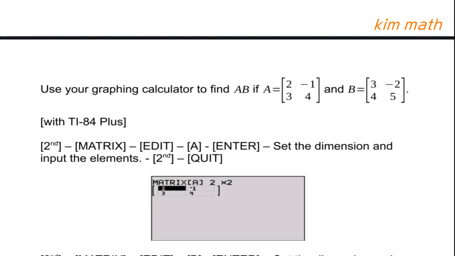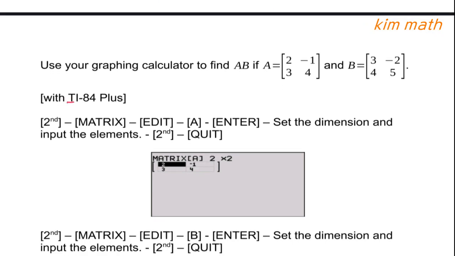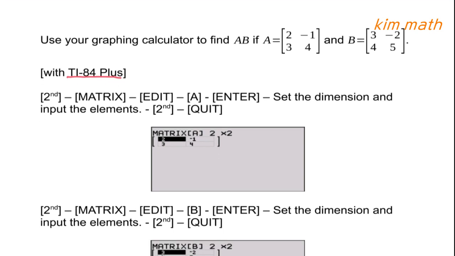If you can use a graphing calculator, we can use it to multiply the 2 matrices. This is an example of a TI-84 Plus version. You can follow this direction to input the first matrix.